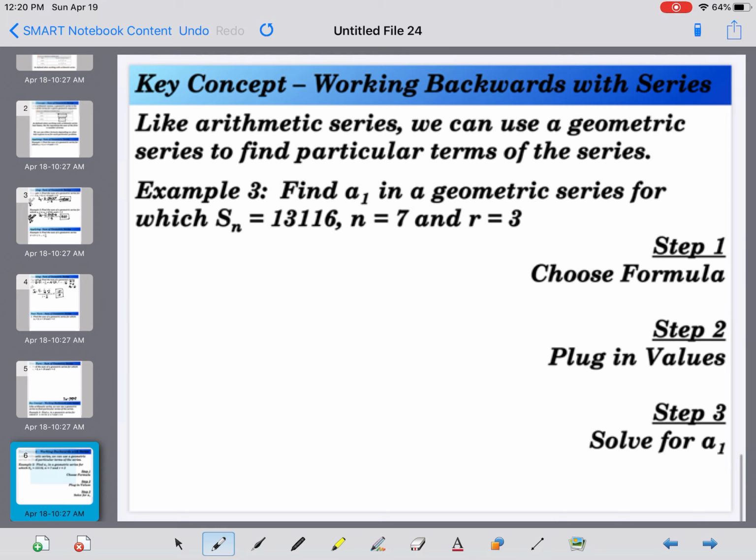We're working backwards. So now we're going to be given the sum and we're going to be asked to find a sub 1, which is our first term. Since we are given the n, we're going to use formula number 1. We're going to plug in everything that we know here.